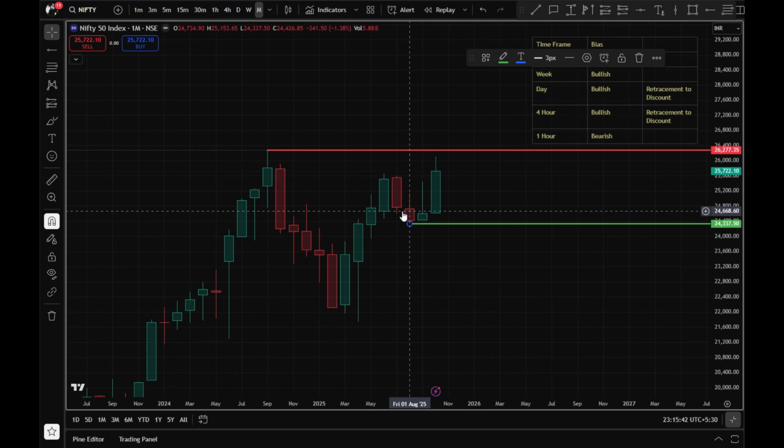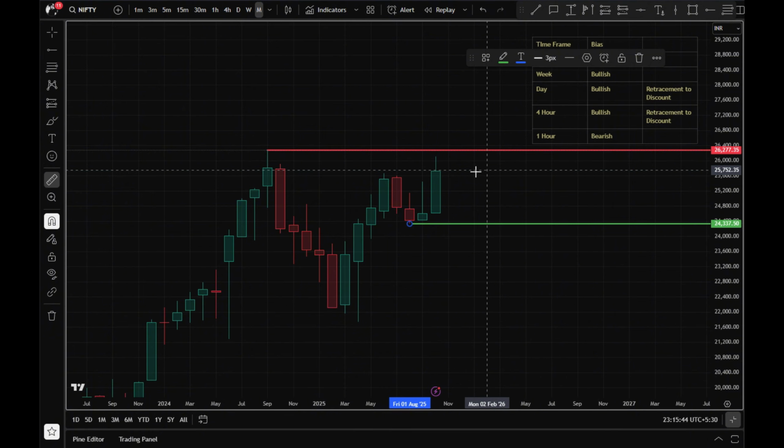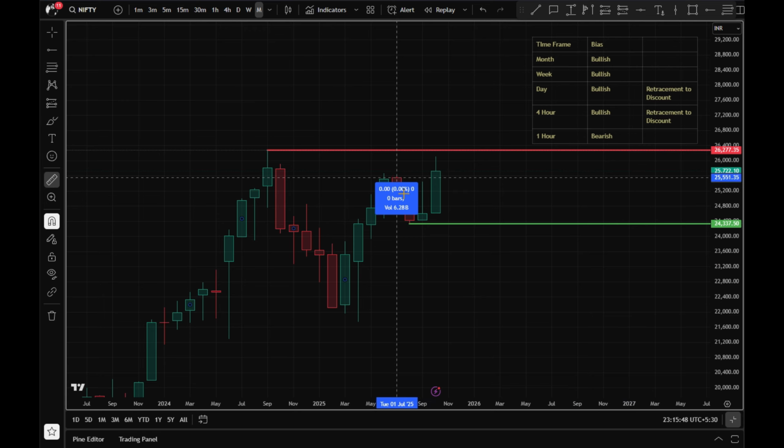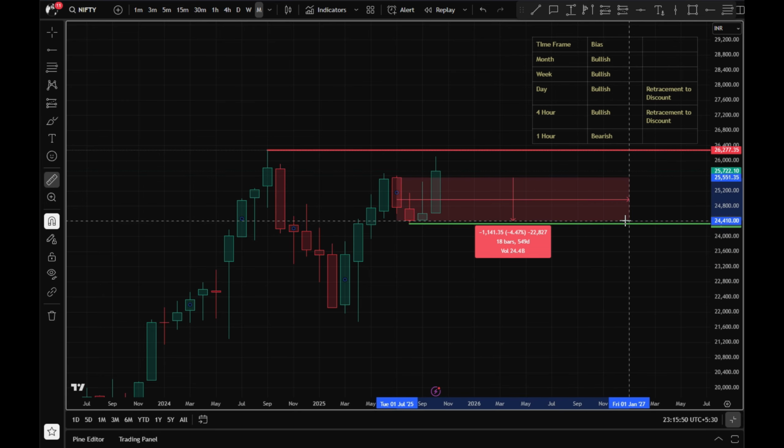There's another interesting level. These two candles form an order block. That is the July and August candles. So let me just draw a measuring tool from the top of the body of the previous candle to the top of the body of the next candle.